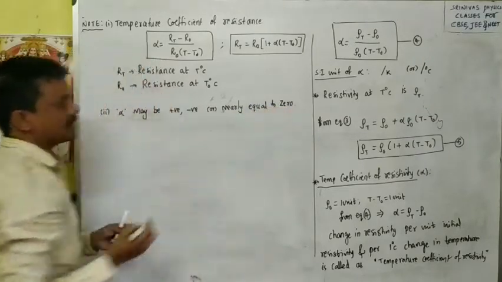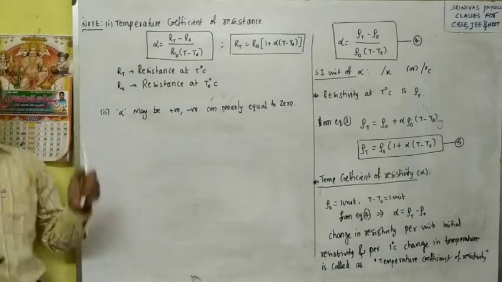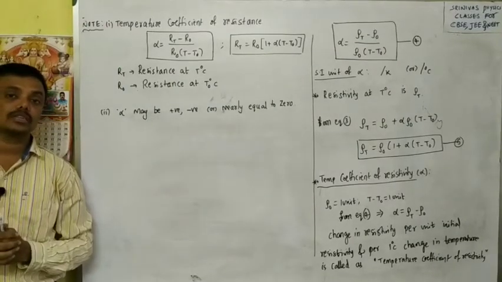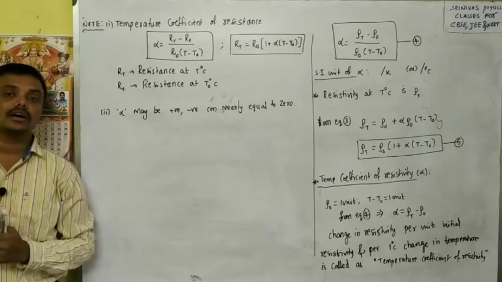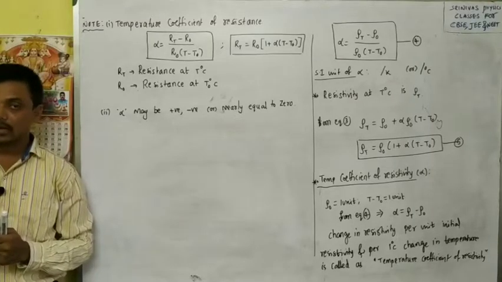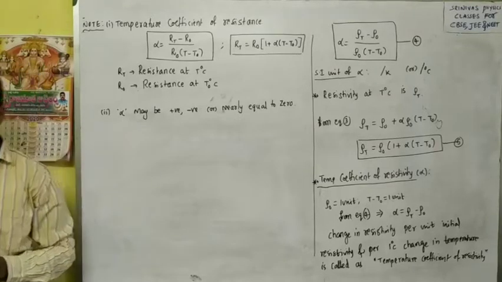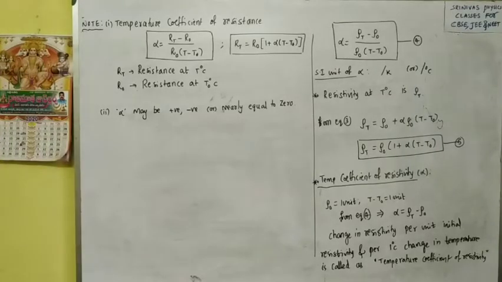Right, now take a screenshot and note all the points. Now I am going to explain how the resistivity varies for metals, conductors, semiconductors, insulators and alloys. It is very simple, so listen very carefully. Now I am going to rub the board, and then I will continue.